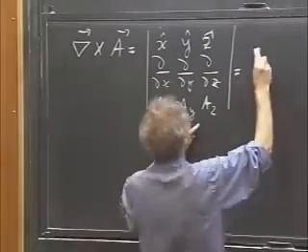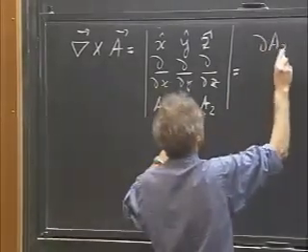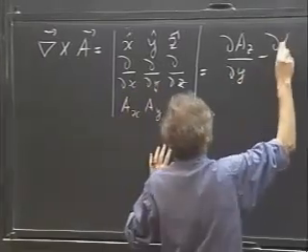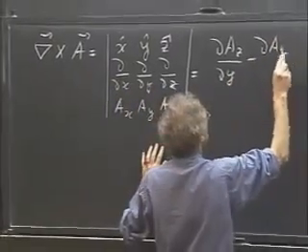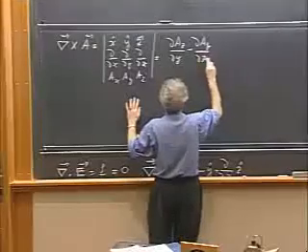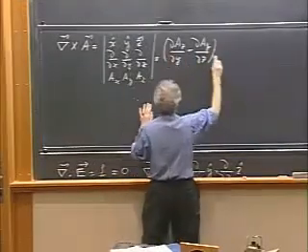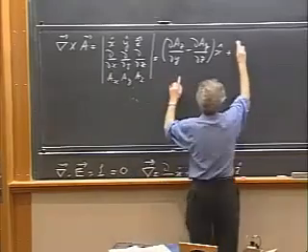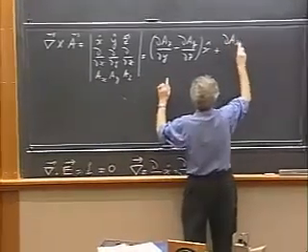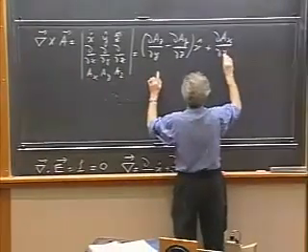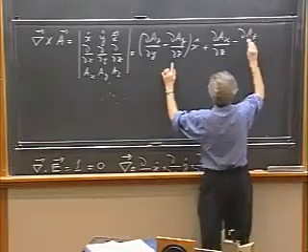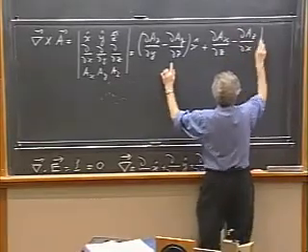That then becomes dAz/dy minus dAy/dz, and that is in the x direction. And then you get dAx/dz minus dAz/dx.